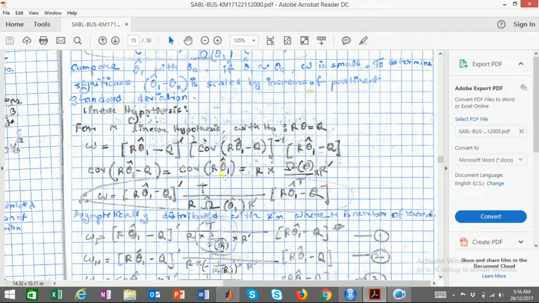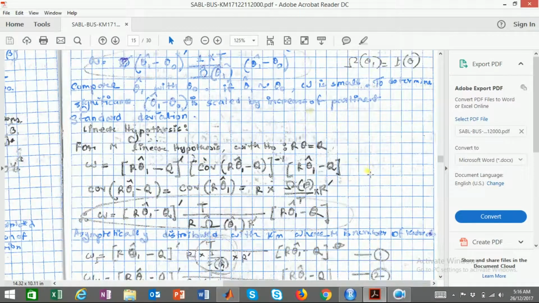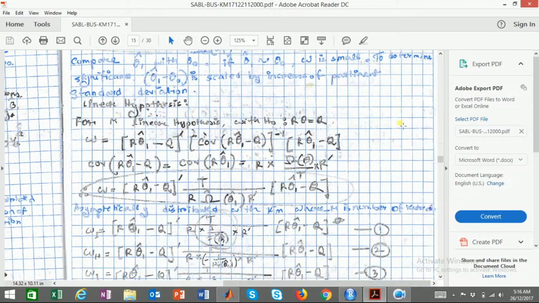Instead of the covariance of theta 1 hat, we can simply write the covariance divided by T, omega multiplied by R transpose, with R multiplied on the left and R transpose on the right, instead of the theta 1 parameter. We can write that.